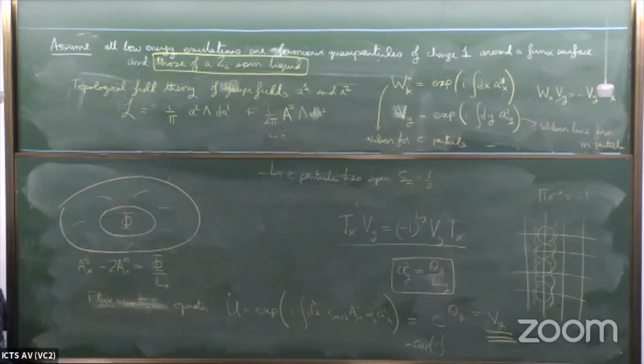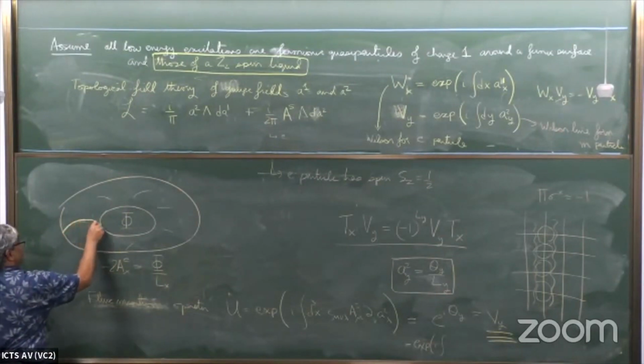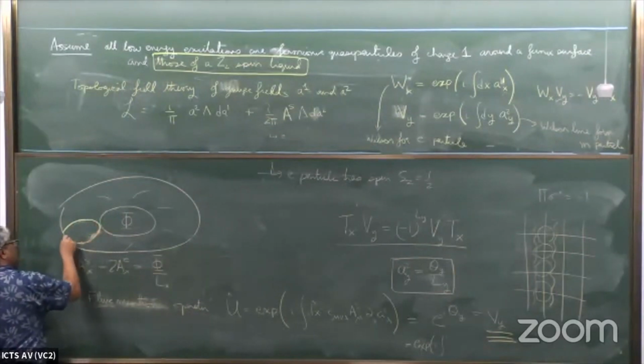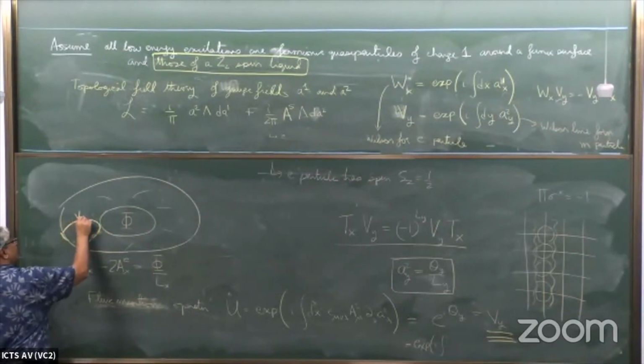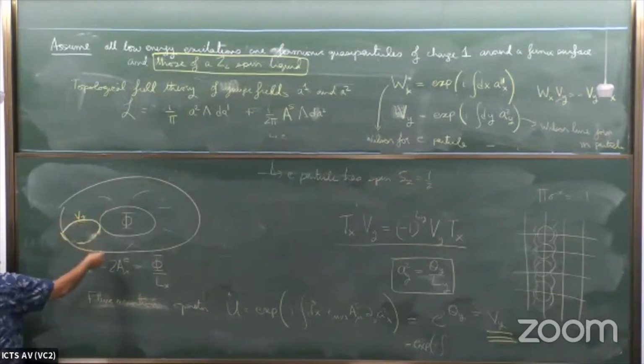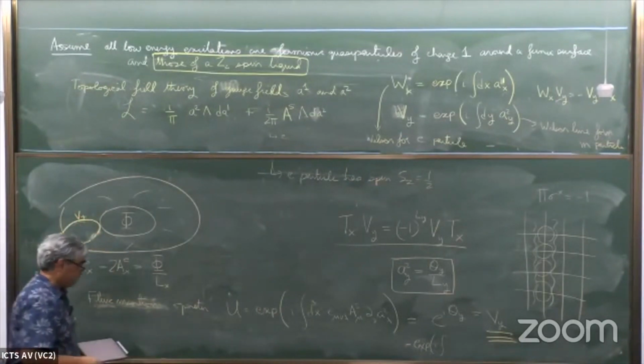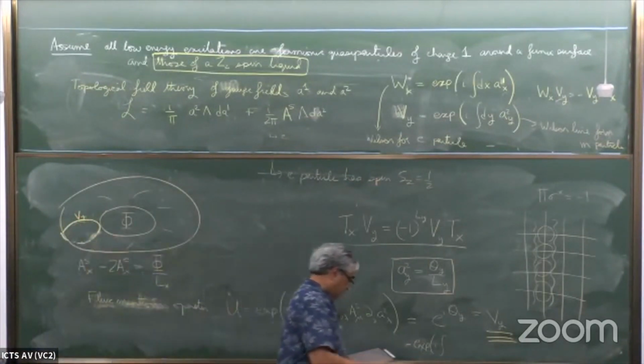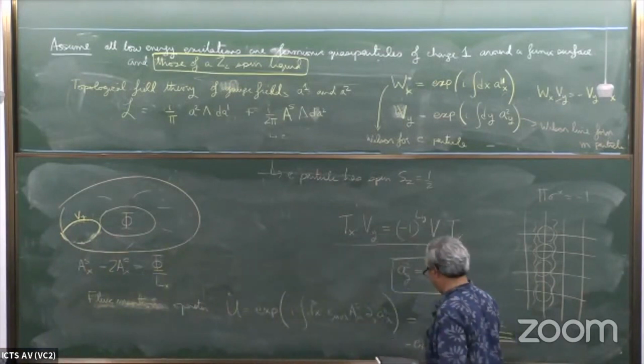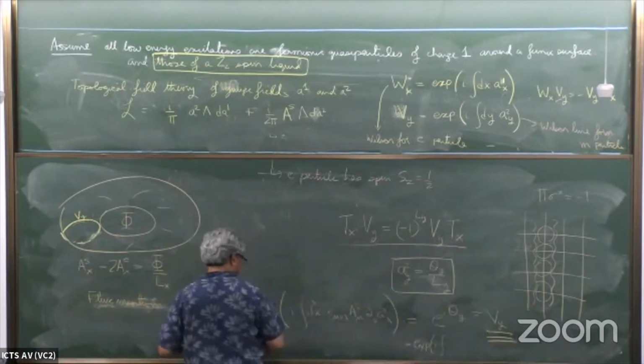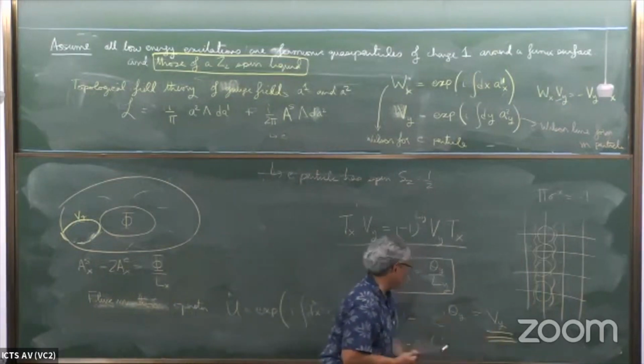And the net result of inserting the flux is I have inserted an operator Vy on this cycle of the torus. All right, so now you're basically done. So this is the flux insertion operator, which is precisely Vy.